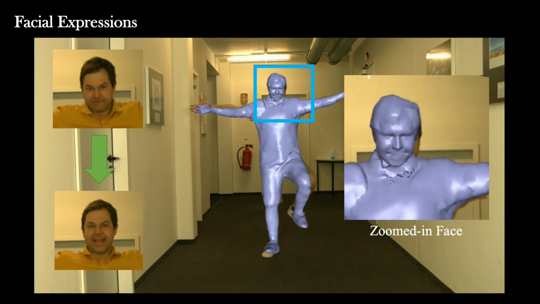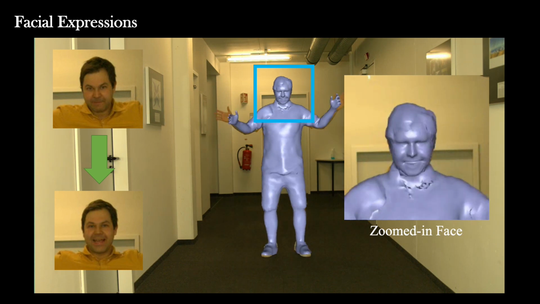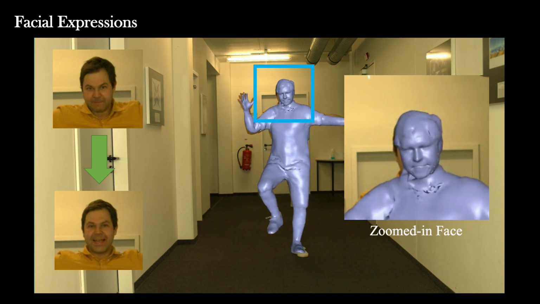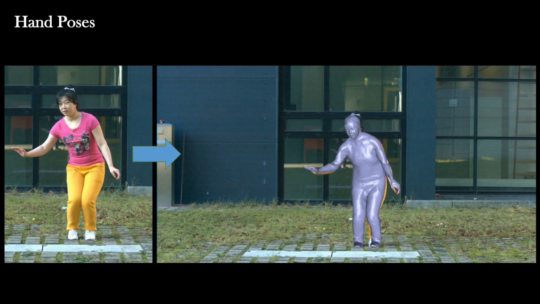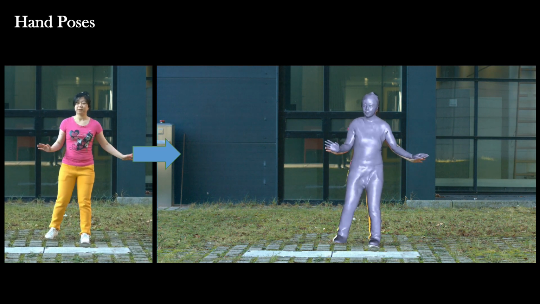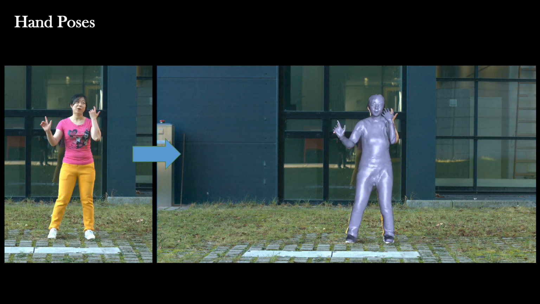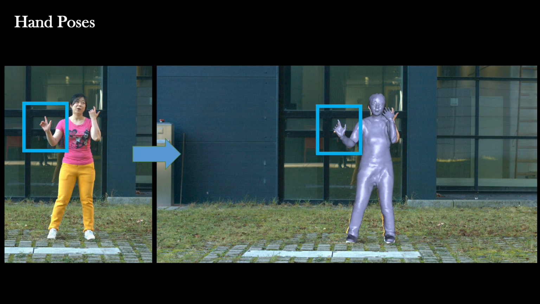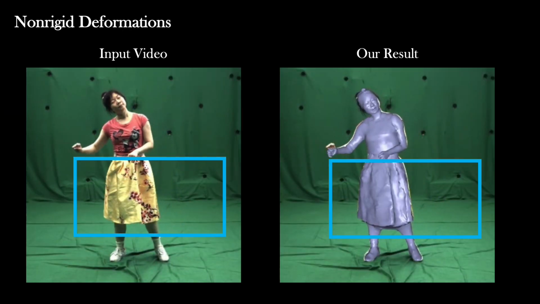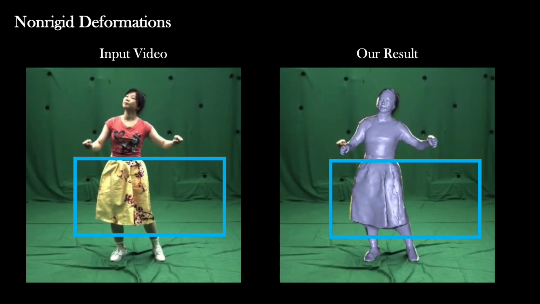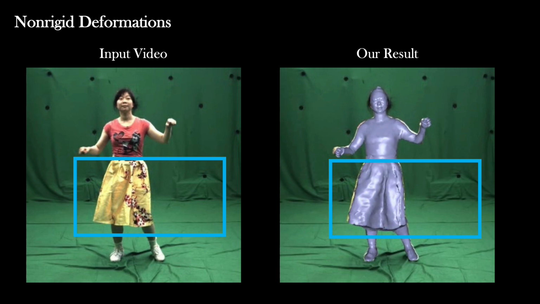Our method can capture facial expressions, hand gestures, and also high-frequency details such as deforming wrinkles on the clothes.